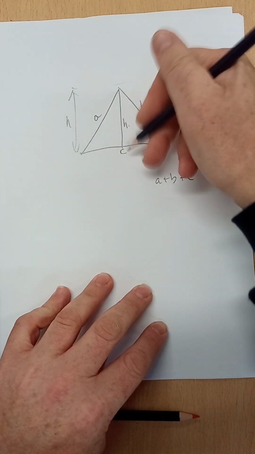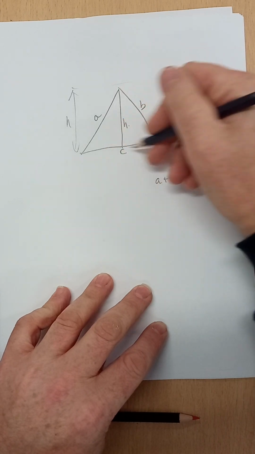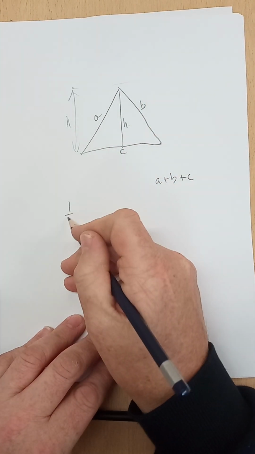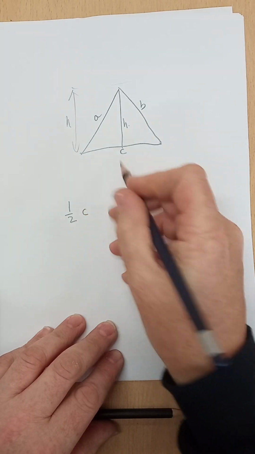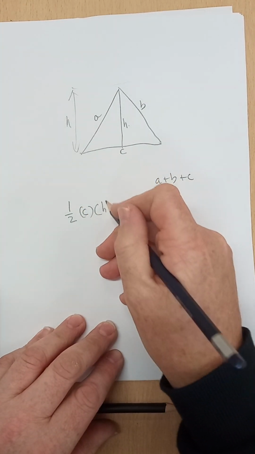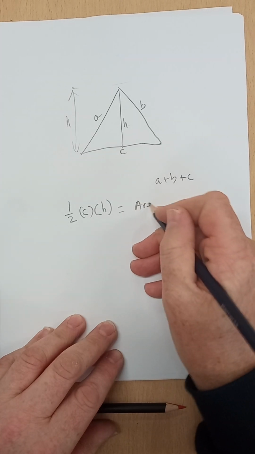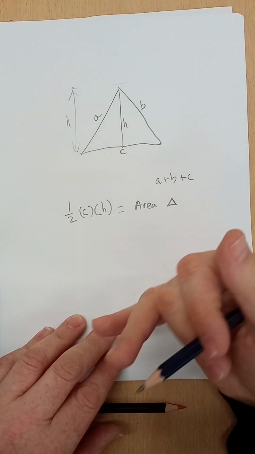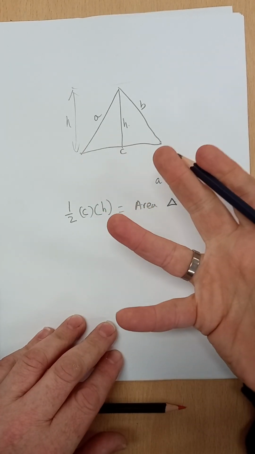Once you know the perpendicular distance from the highest point to its opposite side, all you do is half the base side multiplied by the height, and that would always be the area of the triangle. Okay, now I'm going to show you an example and what they're most likely to do.